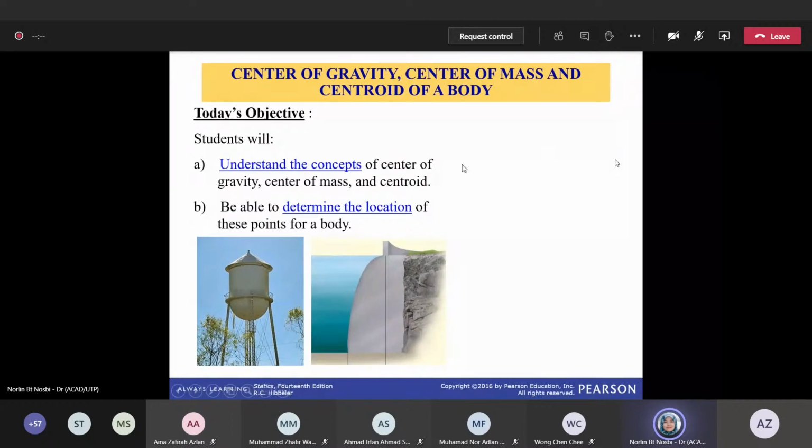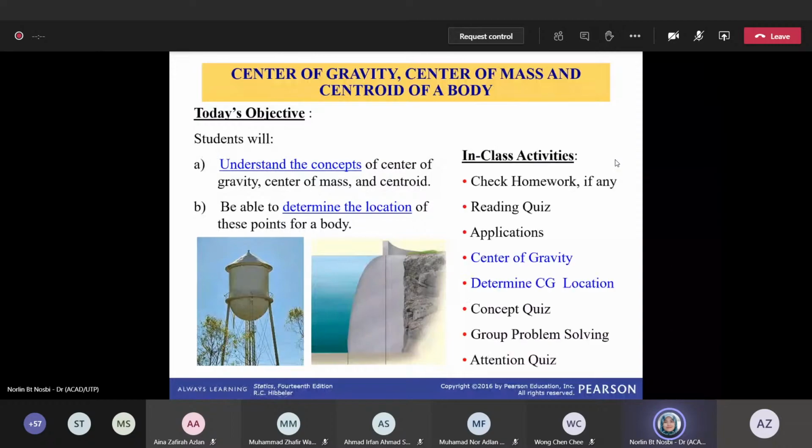There will be some reading quiz, then we will look at the application, and then go into detail on how to find the center of gravity. There are a few formulas that can be used to find the center of gravity, center of mass, and the centroid.